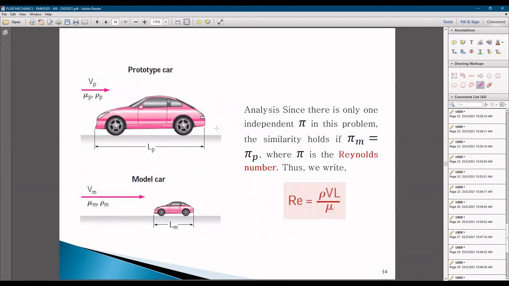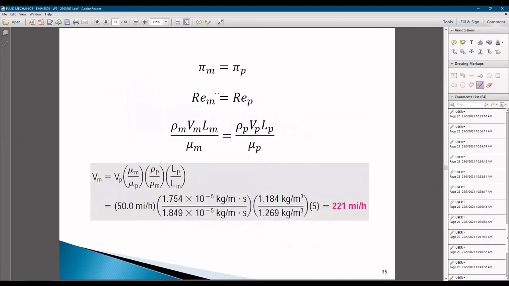From here, you will use the Reynolds number, the same approach that I showed you just now. It is the actual car, and it is the model of the car, which is 5 times smaller. First we must make sure that the Reynolds numbers are the same.